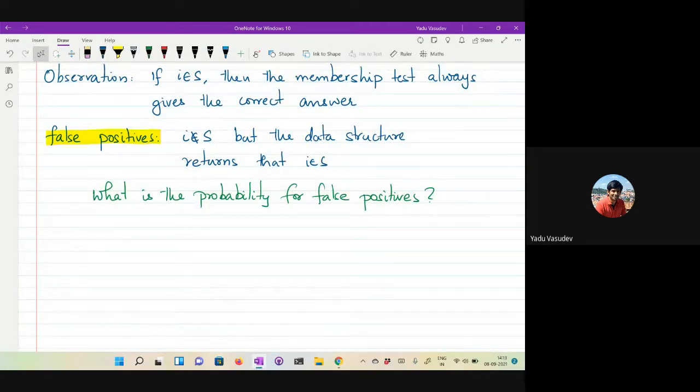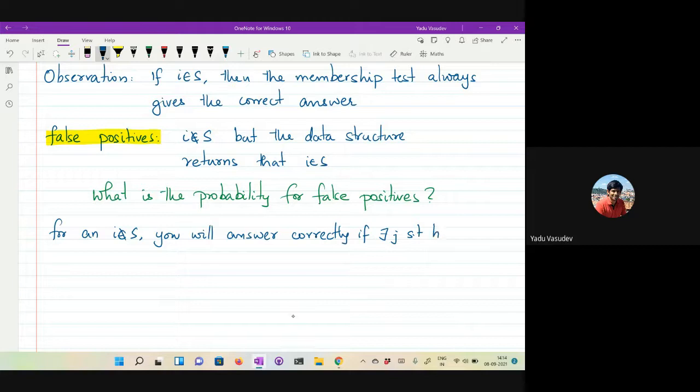When do we answer correctly for an I not in S? The only way that you will say that I is not in S is if you look at H1(i), H2(i), and Hk(i), and you actually find a zero. So for an I not in S, you will answer correctly if there exists a j such that A of Hj(i) is equal to 0.